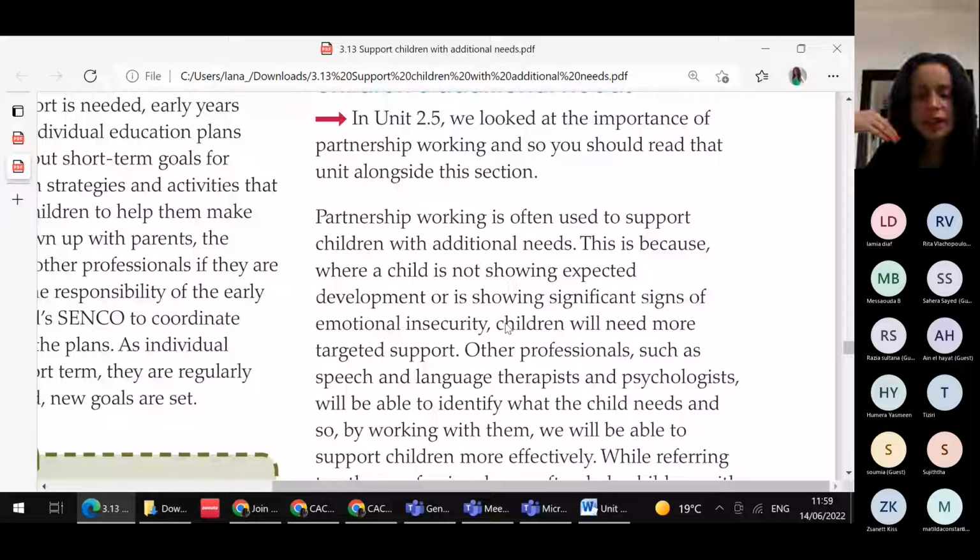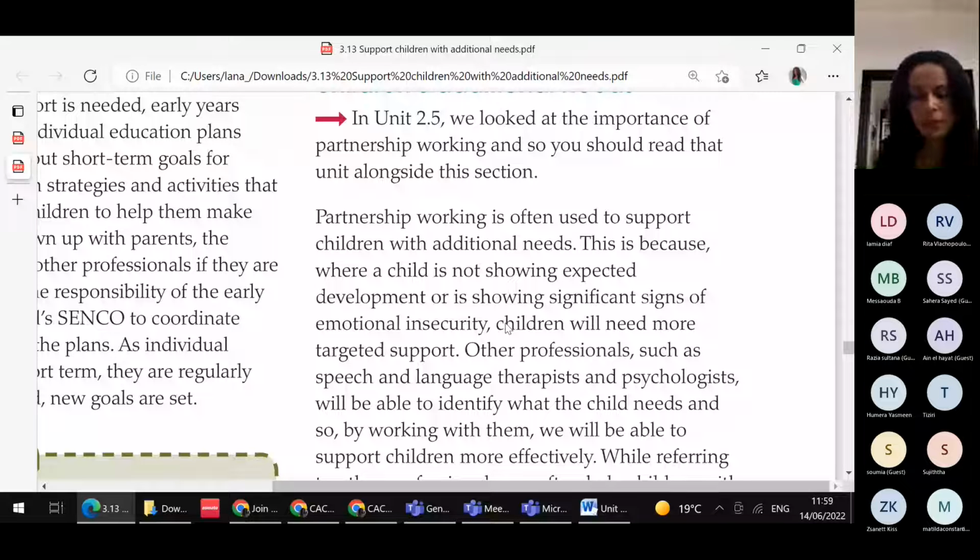If it is not progressing well, then we need a speech therapist, or a psychologist if this child has got some complicated issues. So we need to identify the child's needs by working with them, getting close to them, and then we support them effectively.